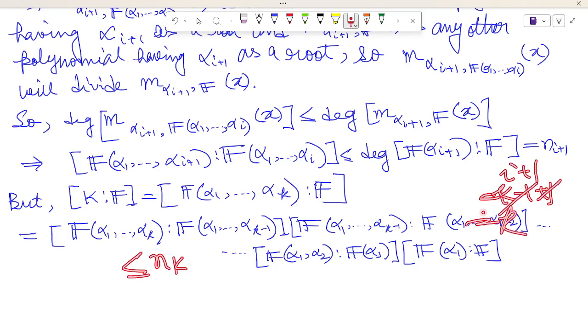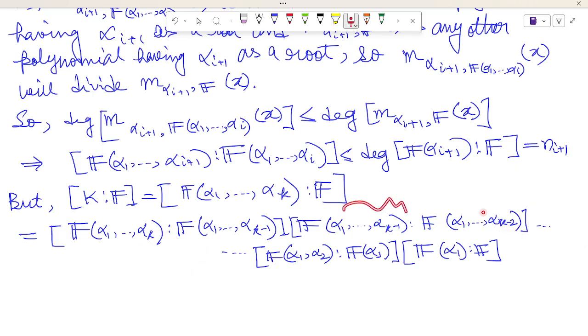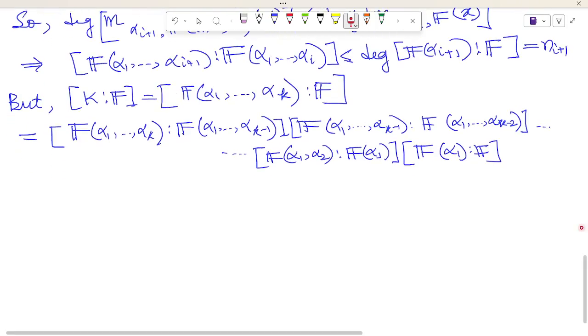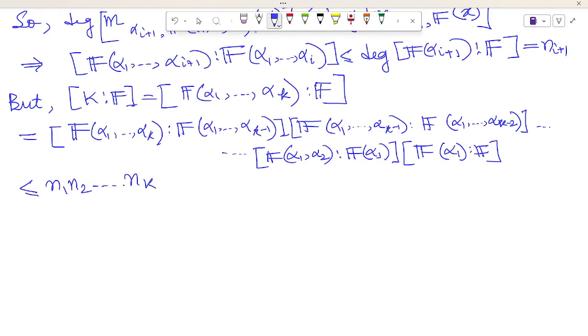The degree of this extension will be less than or equal to n of k minus 1, dot dot dot, n2, and n1, into dot dot dot. So that is the field extension.